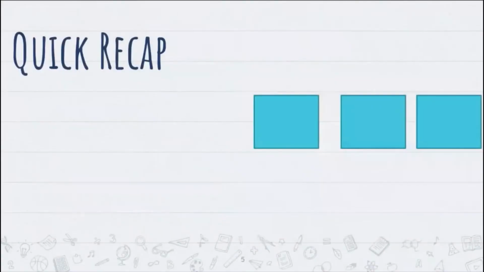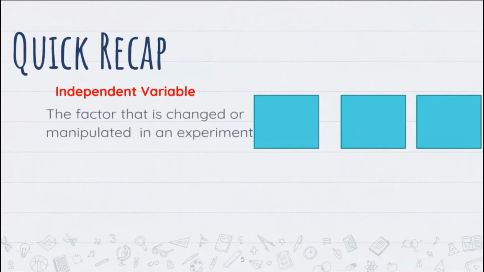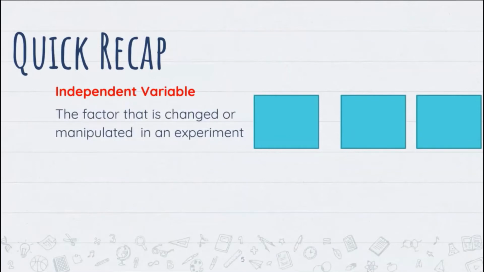Let us have a quick recap first about the 3 types of variables. The first type of variable is the independent variable, and this is any factor that is changed or manipulated in an experiment. Meaning to say, this will cause an effect to the dependent variable.